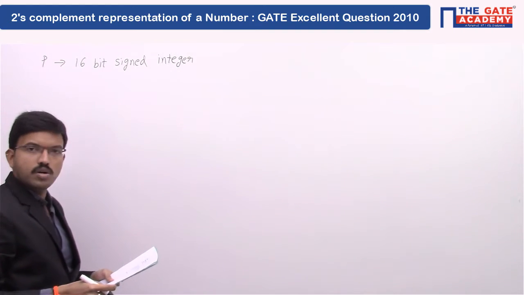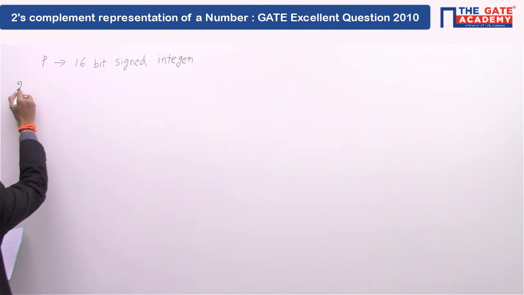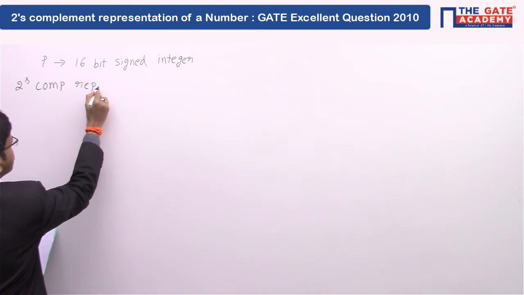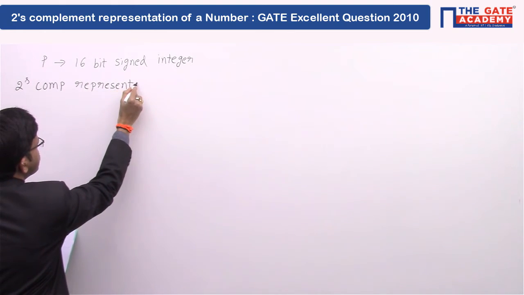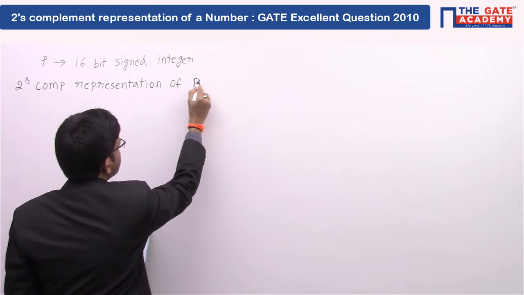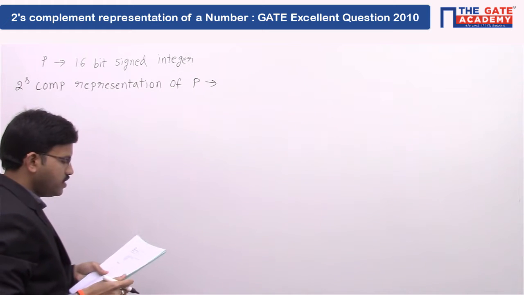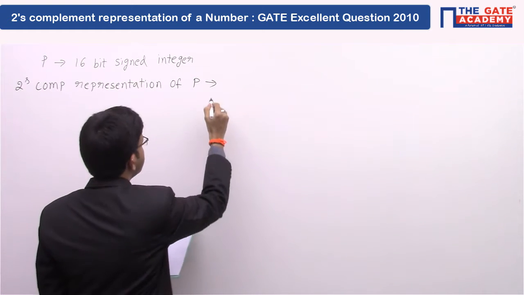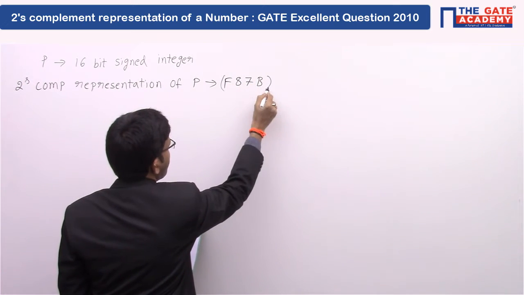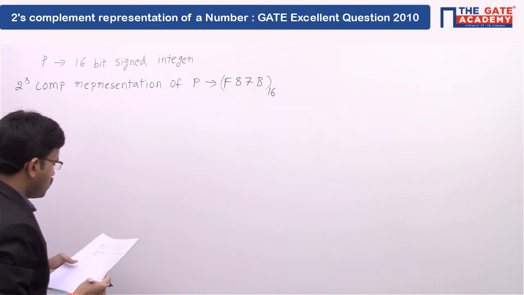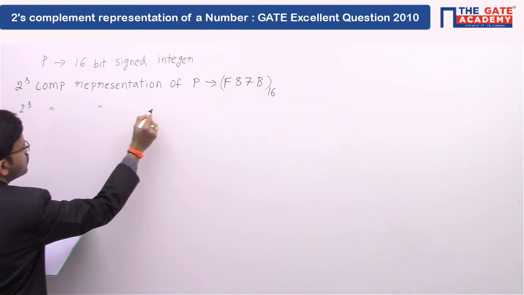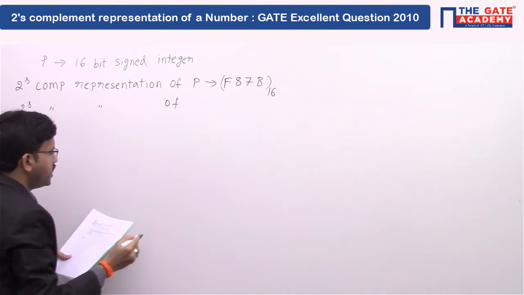He has given the 2's complement representation of P, which is F8 7B base 16. He is asking the 2's complement representation of 8 times P.